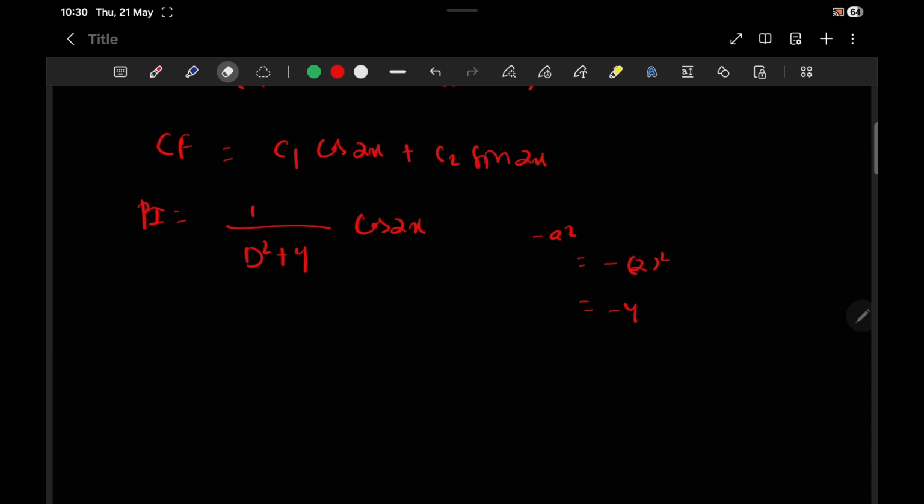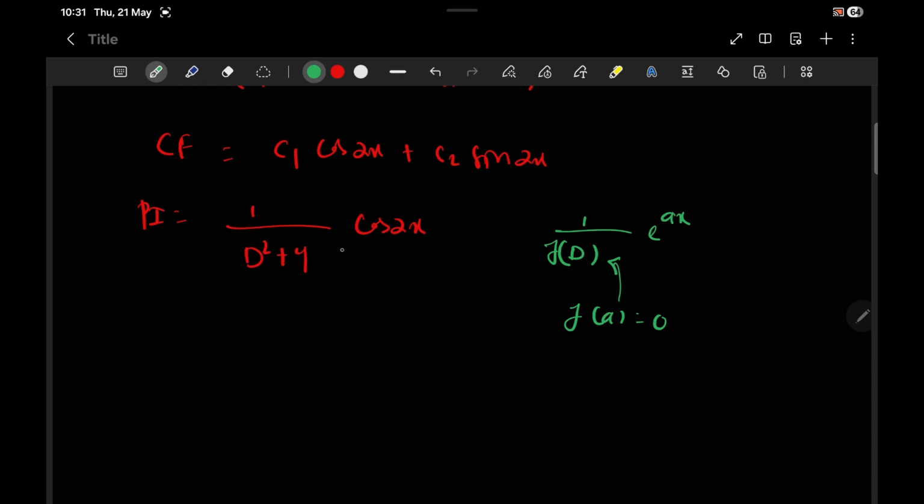Remember, in rule 1 we have learned that 1 by f of d, e to the power ax, if f of a is equal to 0, then take the derivative of the function of d term.